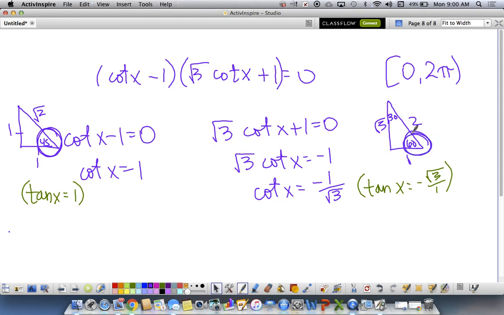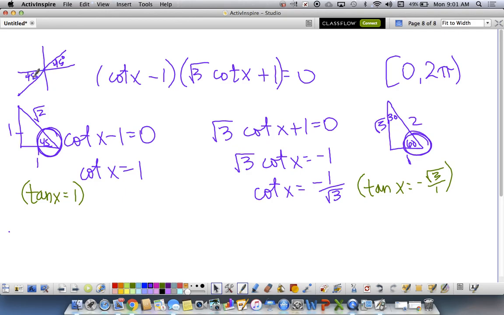But what do we need to be looking at? The one on the left is where tangent is positive, and the other one's where tangent's negative. So I need that 45 degrees. What quadrants is tangent positive? 1 and 3.